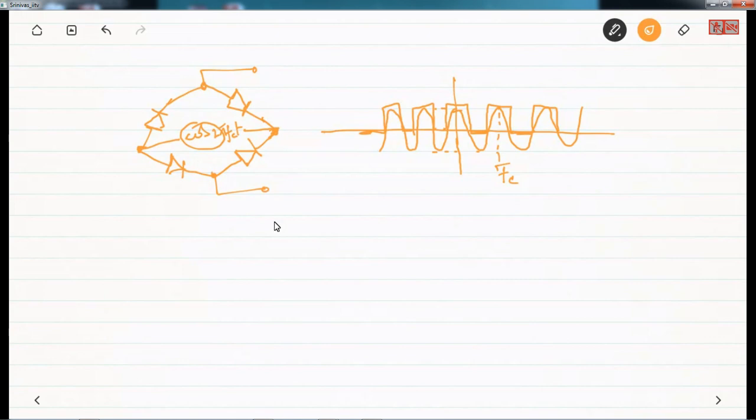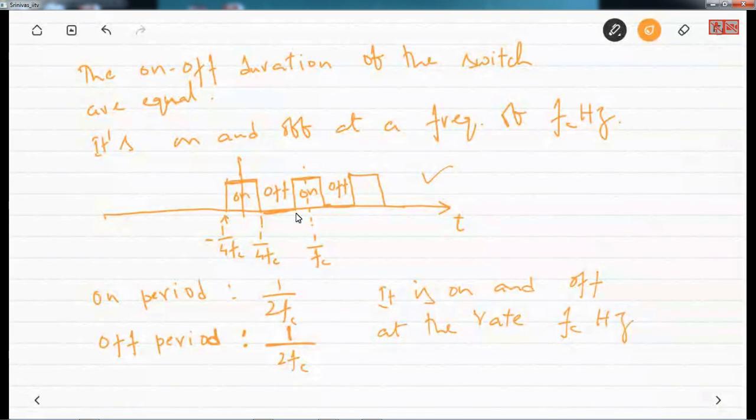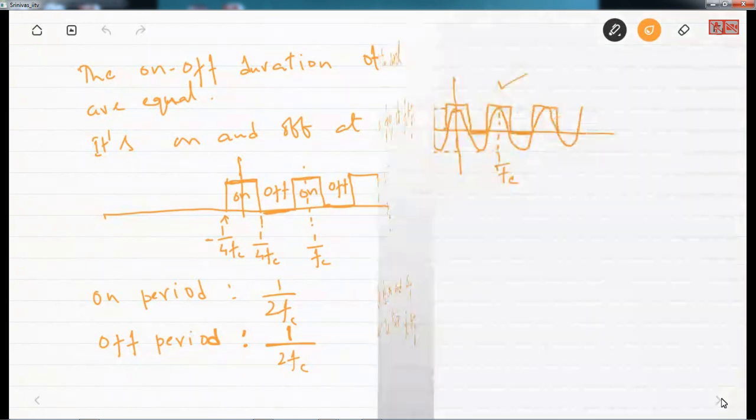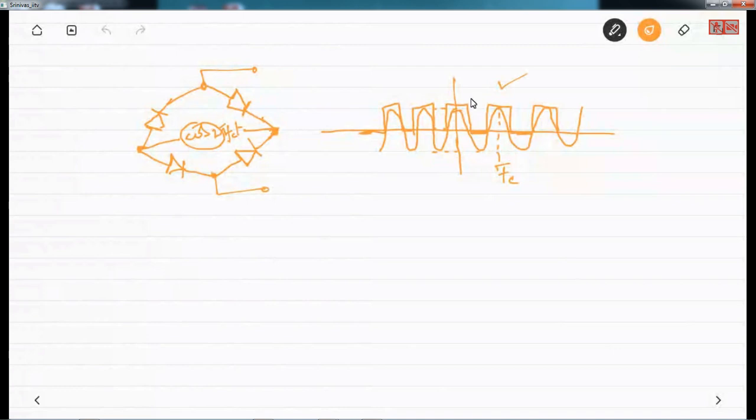Compare this diagram with this diagram. We wanted a switch which exactly does this. This is 1 by fc, this is 1 by 4 fc, and you see this is also the same. This is 1 by fc, this is 1 by 4 fc, this is minus 1 by 4 fc, and so on.